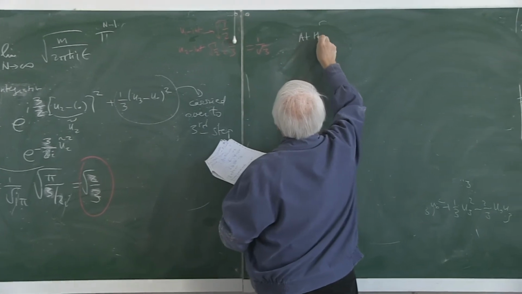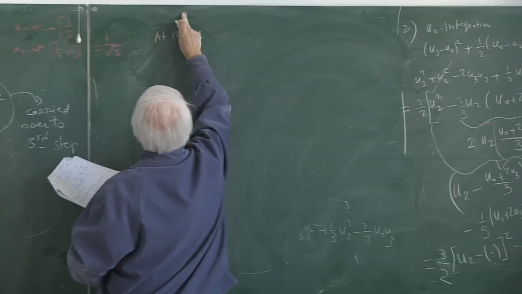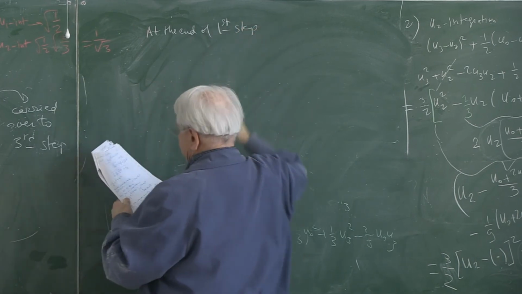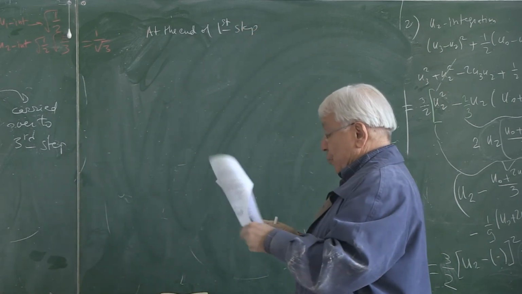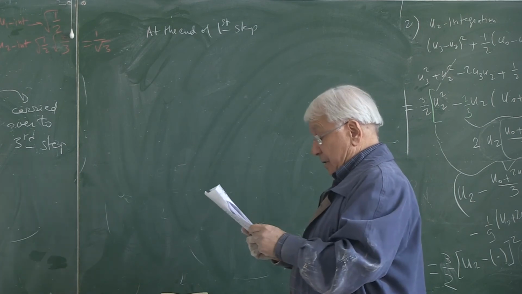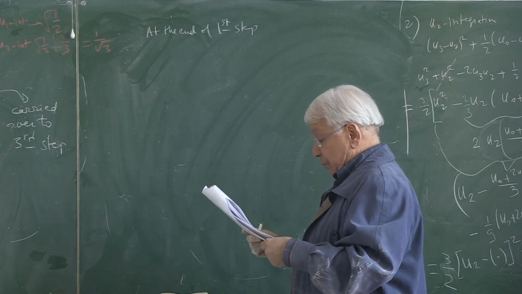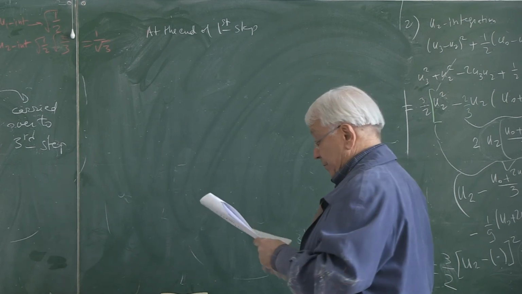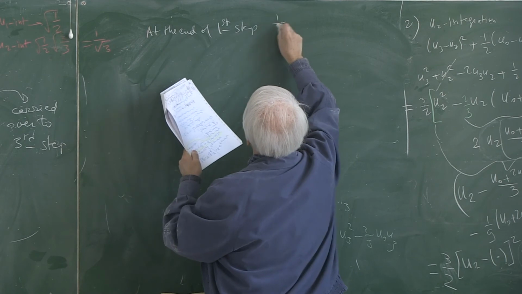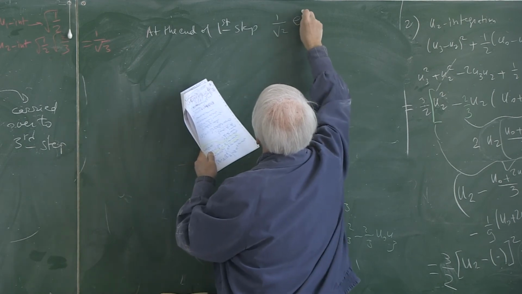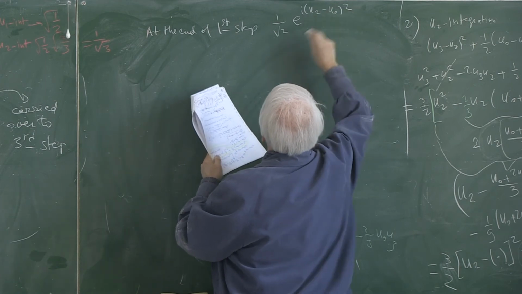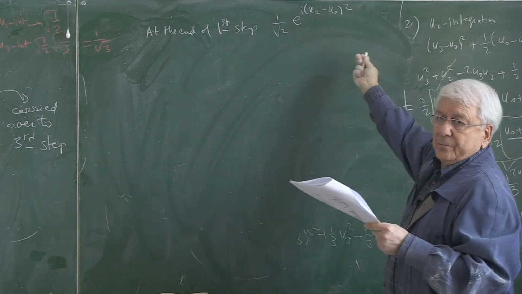At the end of the first step, what leftovers did I have? I'm going to write the leftovers, and then you'll see what I'm shooting at. I had 1 over 2 and e to the i (u2 minus u0) squared, and everything else.